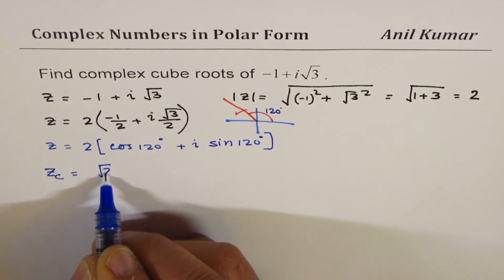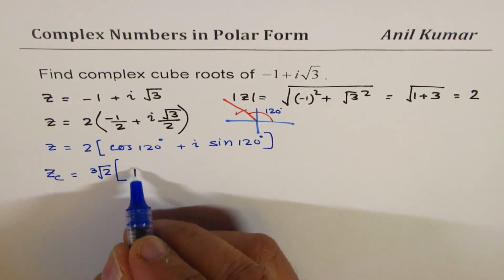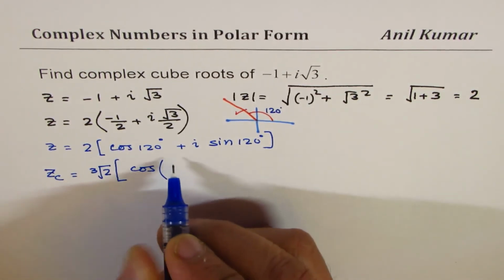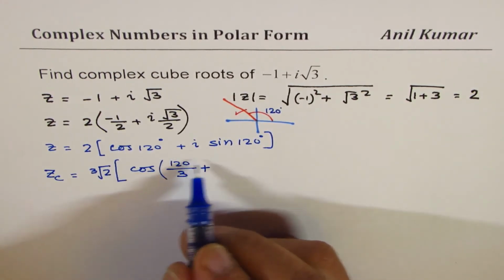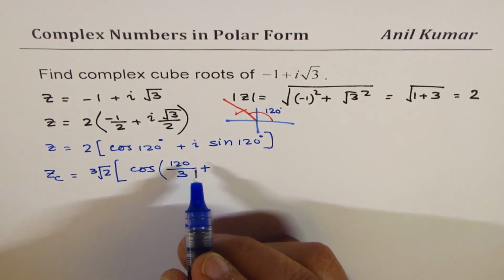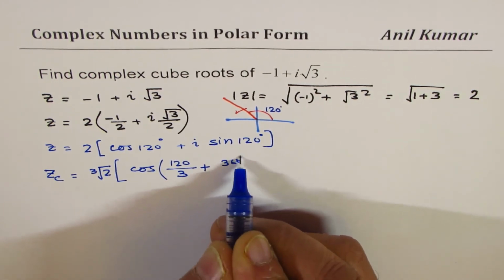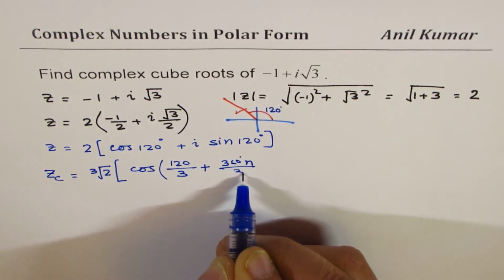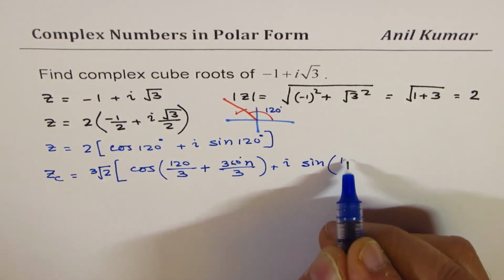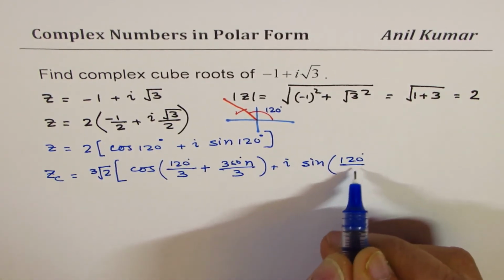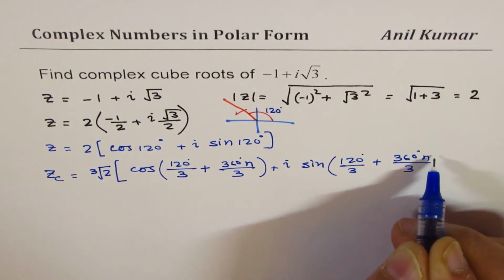cube root of 2 times cos of the angle here, which is 120 divided by 3, plus, because 2 pi is the time when it is repeated, so it is 360 degrees n over 3, plus i sine of 120 degrees divided by 3 plus 360 degrees n divided by 3.